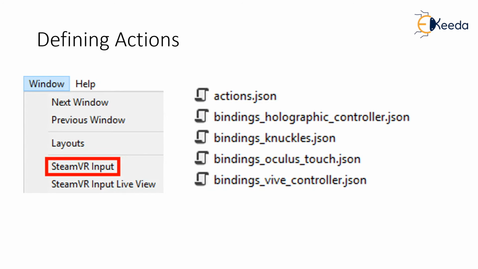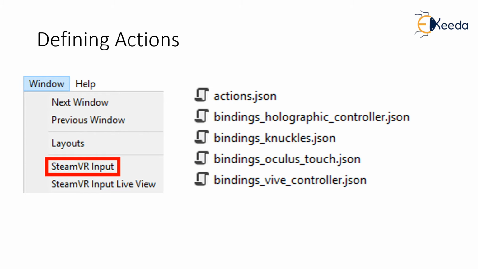And along with the SteamVR plugin, you get a lot of input actions. So you can bind your controller for motion, for laser pointing, for teleportation. If you see in the window at the topmost, there is an option called SteamVR Input. Over there, you have to set and bind all your controllers to the necessary actions.